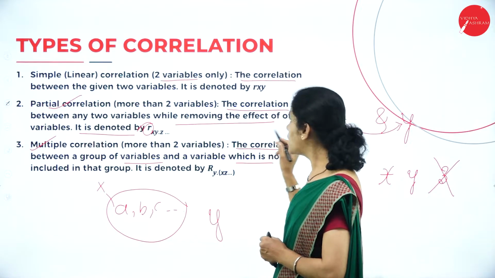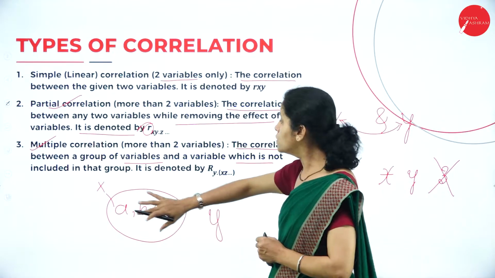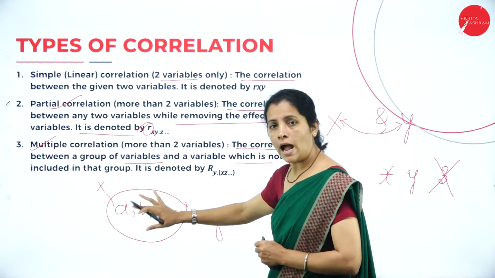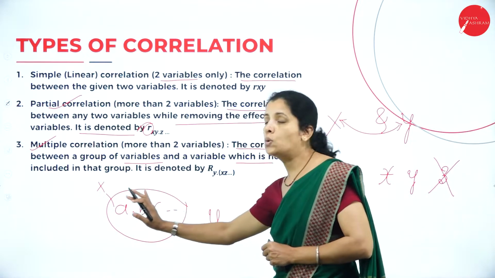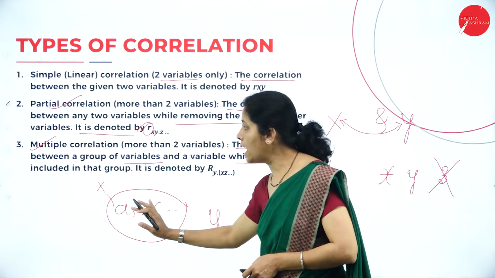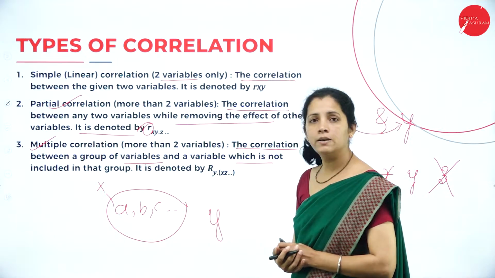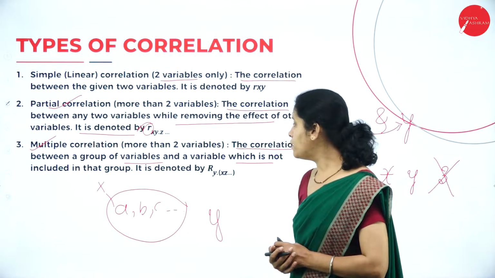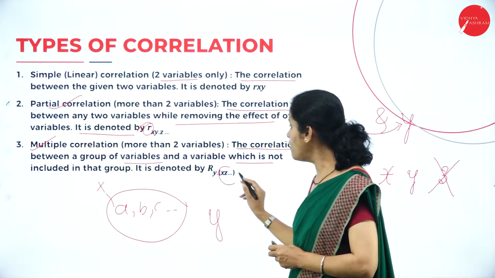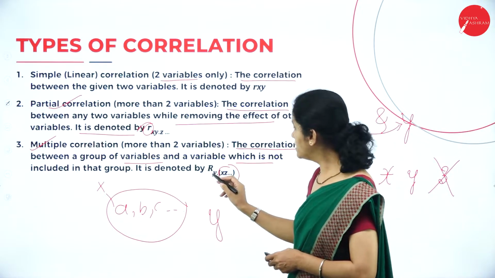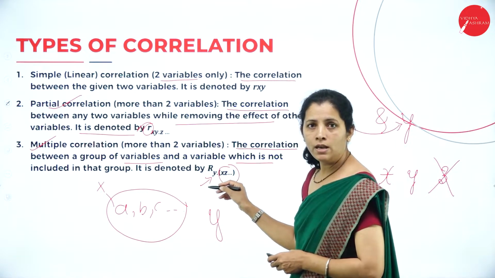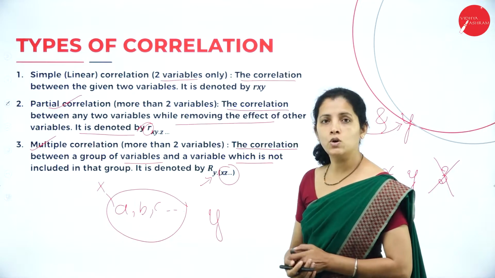So the correlationship between a group of variables and a variable which is not included in the group is known as multiple correlation, and it is represented by R y dot, the group of variables, and a variable which is not present in the group.